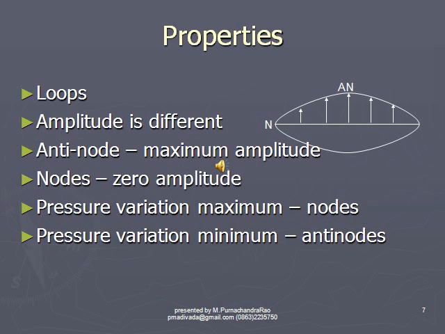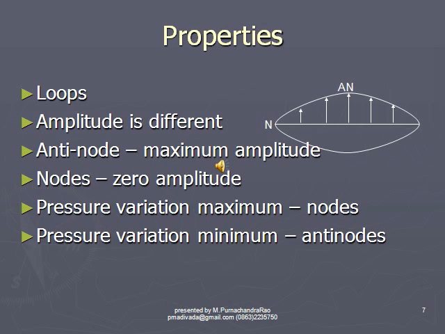Let us proceed to analyze the properties of the stationary waves. We notice that loops are formed when stationary waves are formed. A loop is the region between two nodes. As we observe the amplitudes of vibrations of different particles, the amplitude is different for different particles.